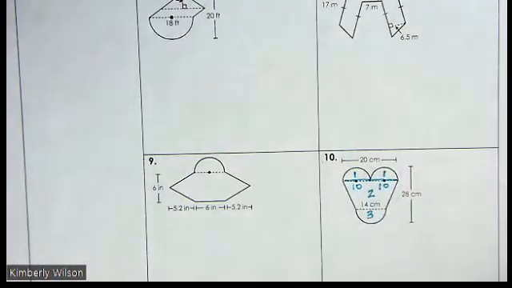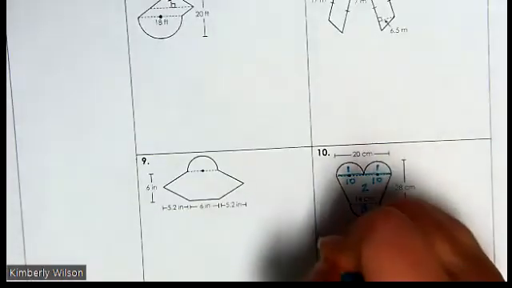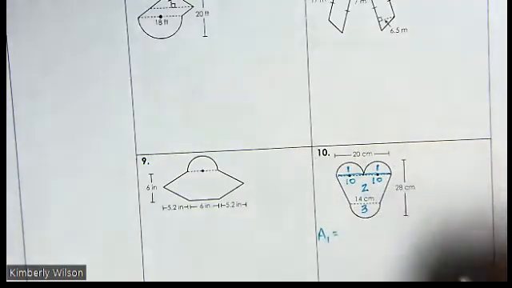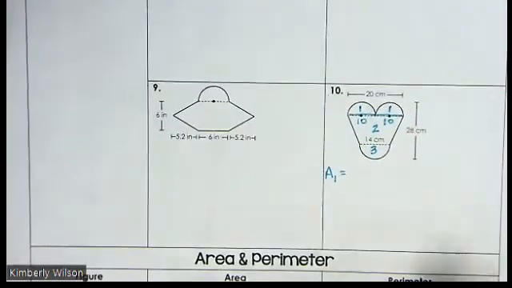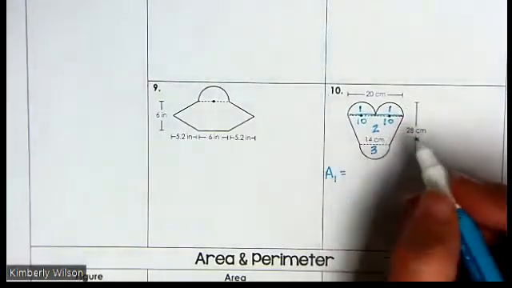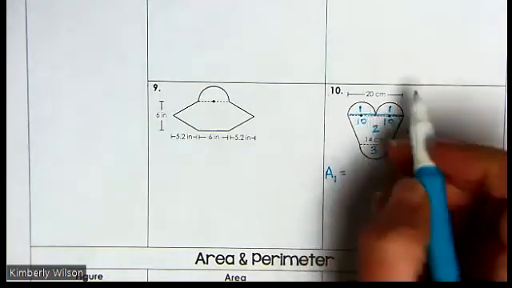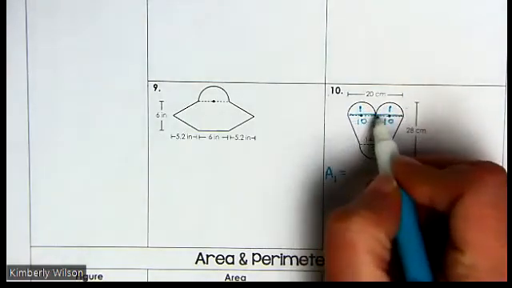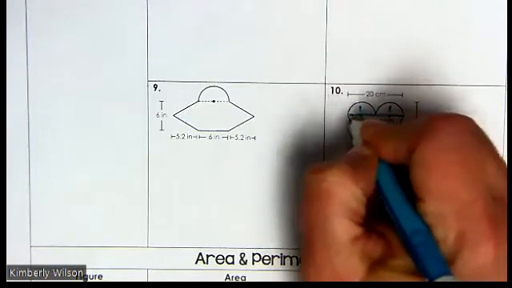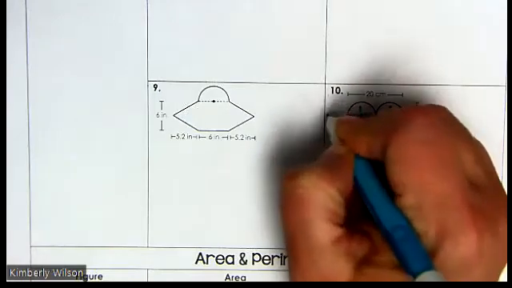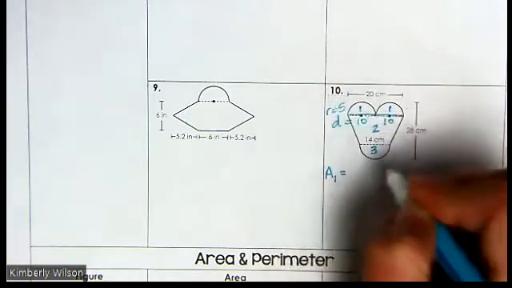All right, now we find the area for each one. The area of figure 1, we said, was one circle, which is the two of them together. This is the diameter all the way across, so my radius is going to be 5.